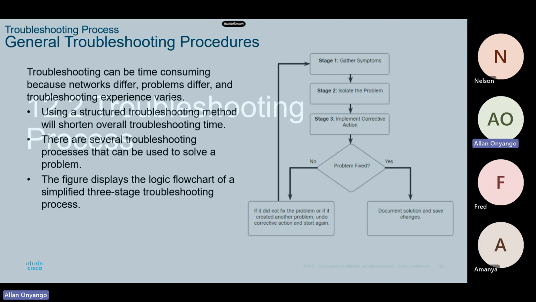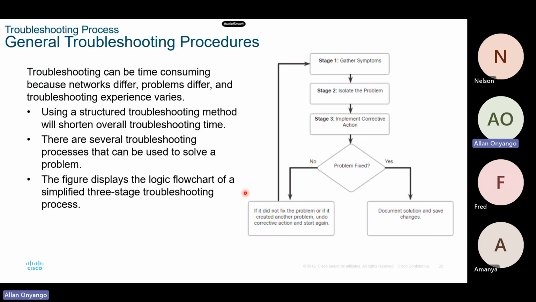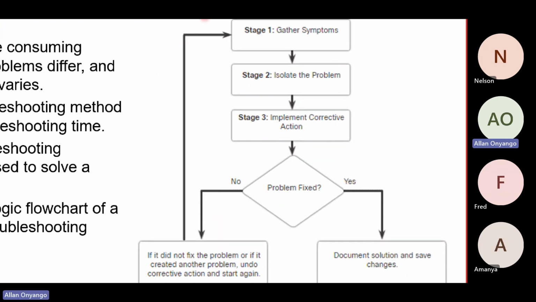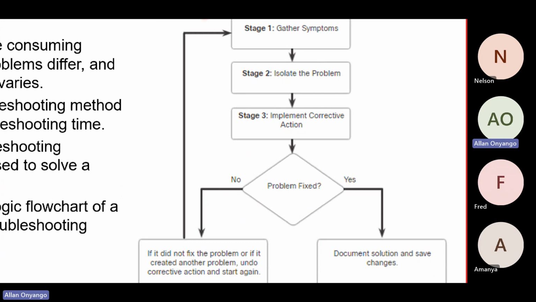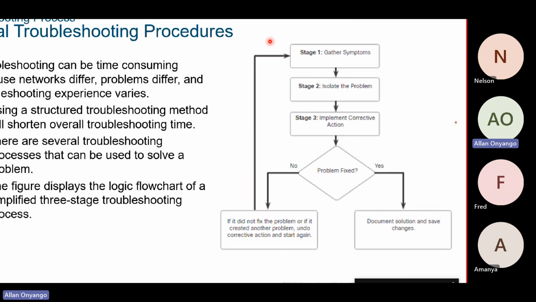Now let's look at the troubleshooting process and what it looks like. Every troubleshooting process starts with some kind of gathering. So you need to always gather the symptoms. And you know how you gather the symptoms? You gather the symptoms using all your senses: vision, touch, smell, okay?